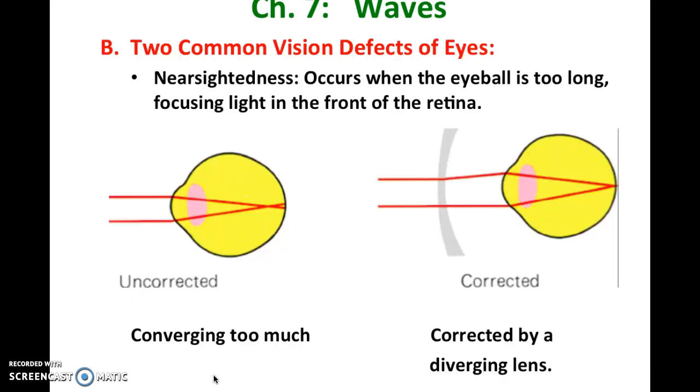Nearsightedness and farsightedness are two common vision defects of eyes. Nearsightedness occurs when the eyeball is too long, and thus focuses light in front of the retina.